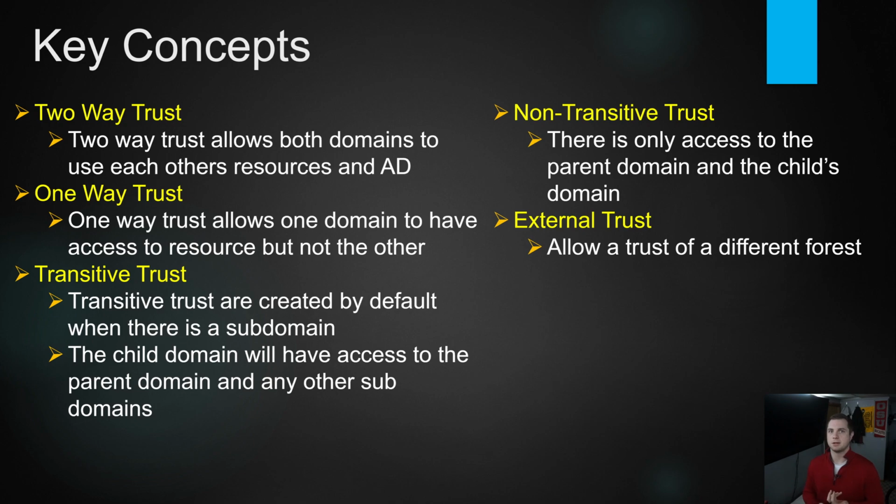A common scenario is when two companies merge, there's a domain for company A and a domain for company B. When that happens, either they need to trust those domains or completely reconfigure their resources, so servers and switches and routers and users and everything else that goes into making an enterprise domain into one domain, or they can just trust it. So there's a couple options here for trusting domains. You can have two-way trust, so that's a full trust both ways.